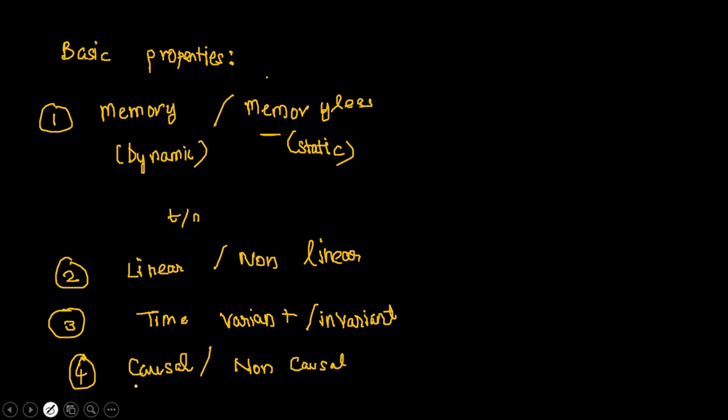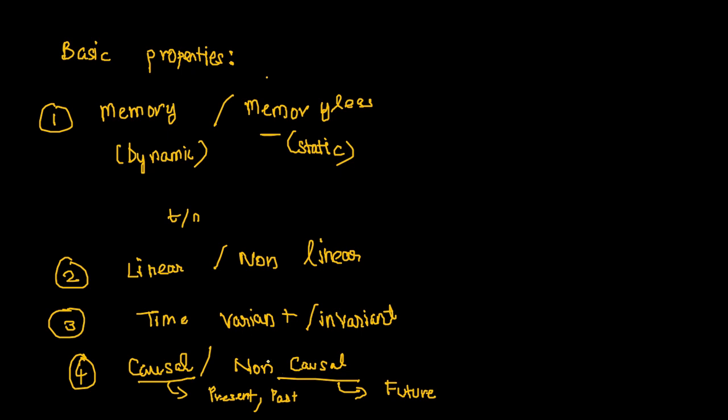So a causal system is one where the output depends only on present and past inputs, and a non-causal one is a type of system where the output depends on the future inputs as well.